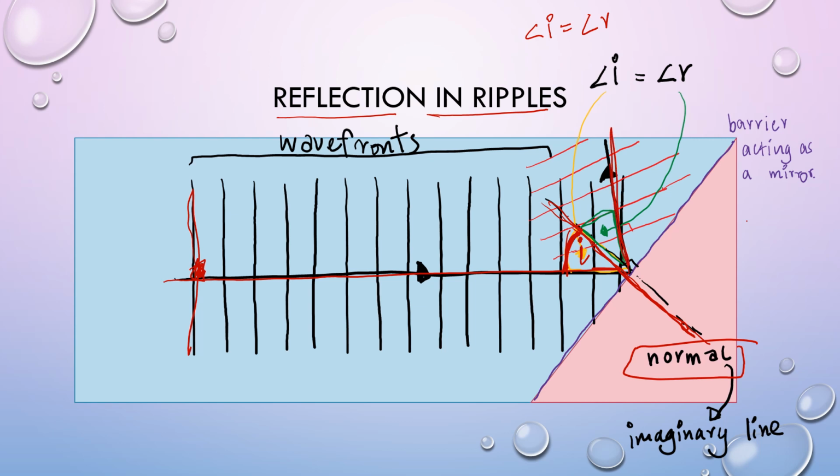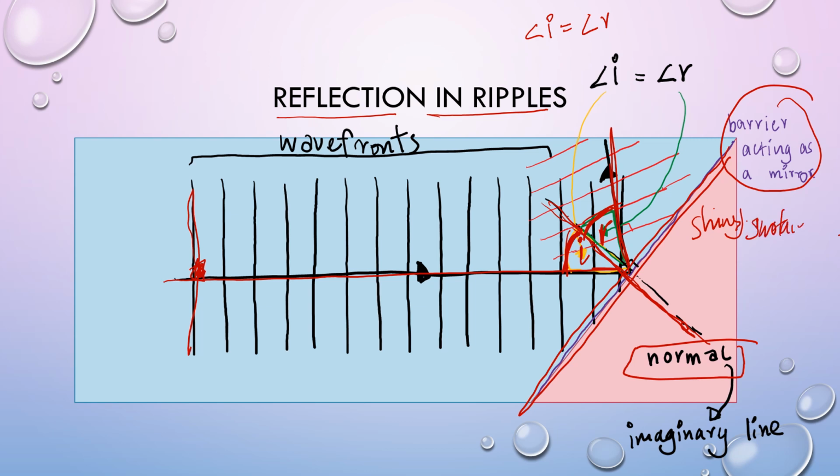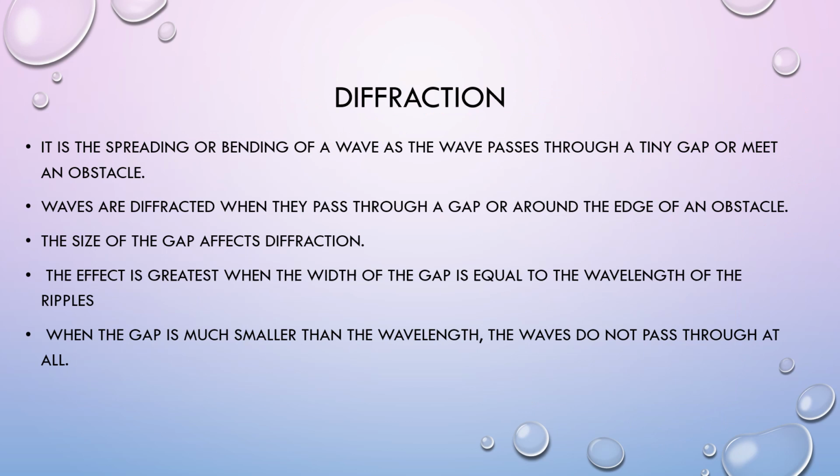And when it's reflected, the angle formed here is the reflected angle. The barrier acts as a mirror, like a shiny surface in terms of light. That is why this is proper reflection, because the angles will be the same.